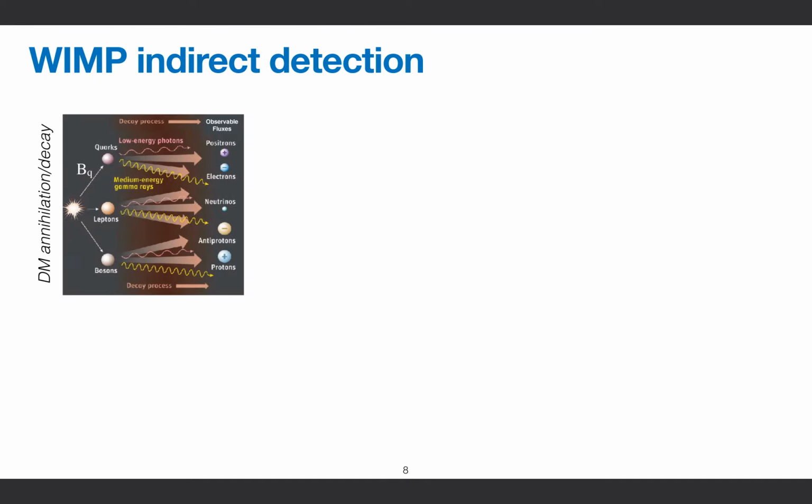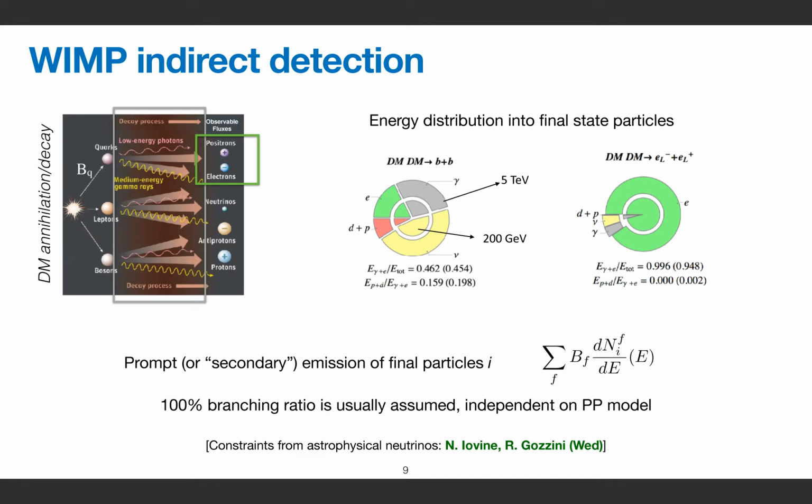So in this case, dark matter annihilation would lead to final stable particles of, for example, charged cosmic rays, neutrinos, or antiprotons and protons, as well as photons at different wavelengths. The energy distribution of the final state particle actually depends on the mass of the dark matter particle that you are considering, as well as the final channel that you are studying.